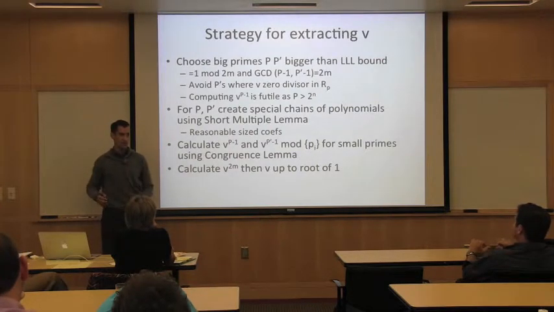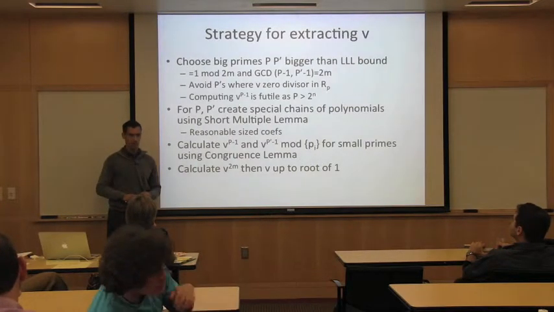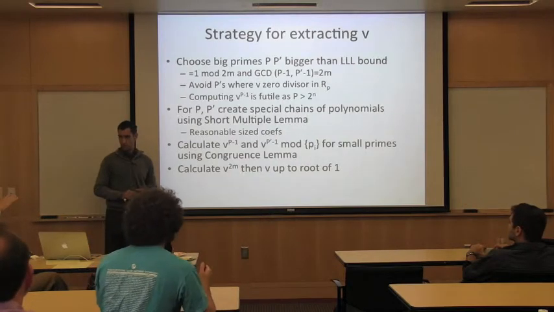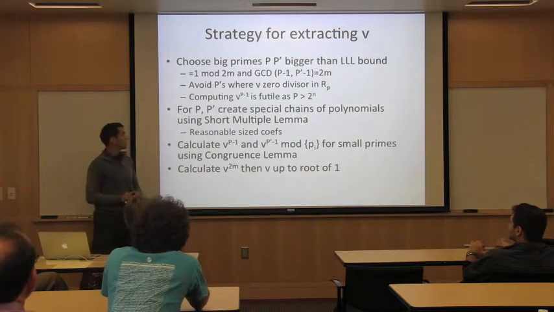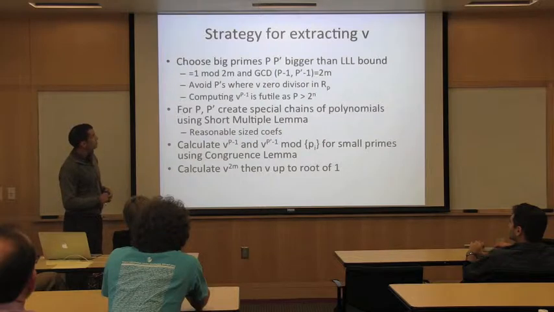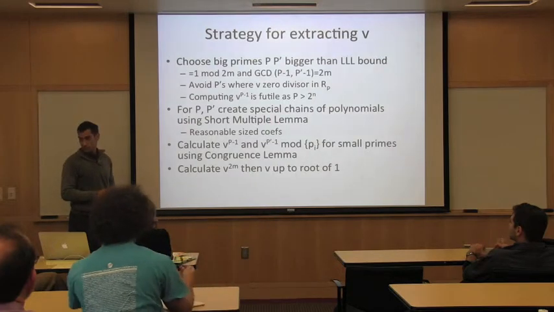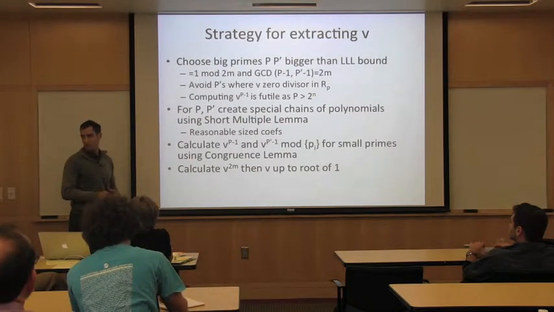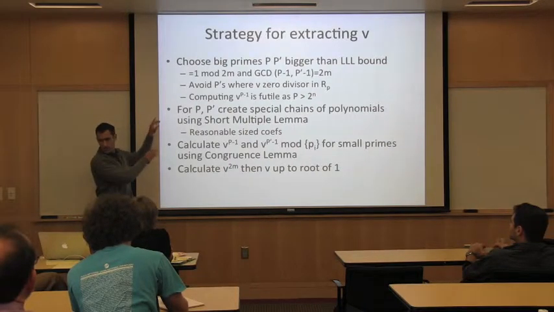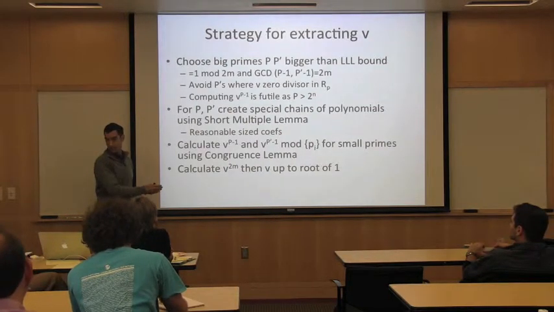So that's the structure of the proof. Does that make sense? It's just a recap of what we heard. So the other small primes should also be co-prime to your little v, right? Because of zero divisor reasons. Yes, that's missing here, but it's a footnote later when you actually have to divide.